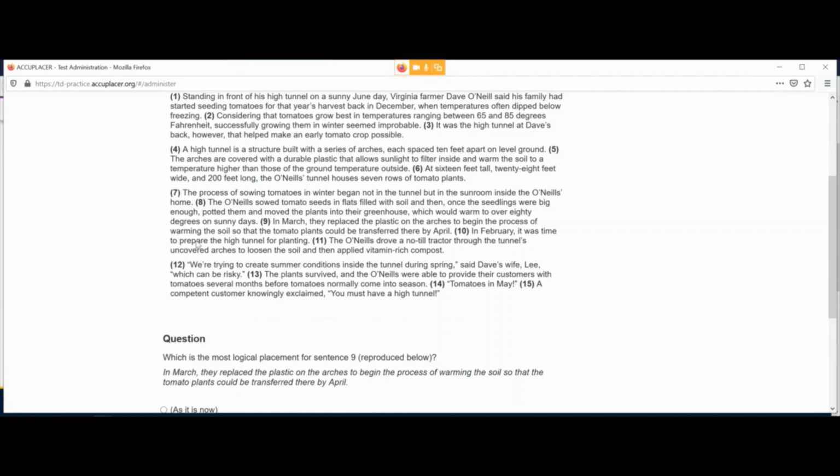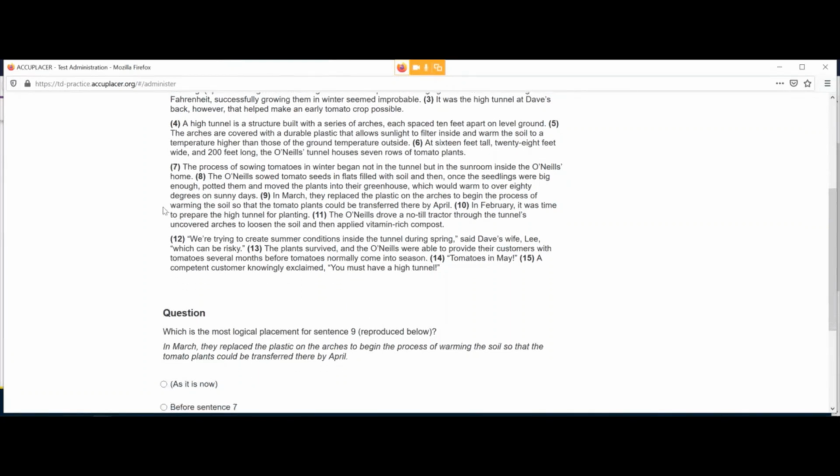In February, it was time to prepare the high tunnel for planting. The O'Neills drove a no-till tractor through the tunnel's uncovered arches to loosen the soil and then applied vitamin-rich compost. Okay, so we are focused on sentence number 9, which is this sentence here.